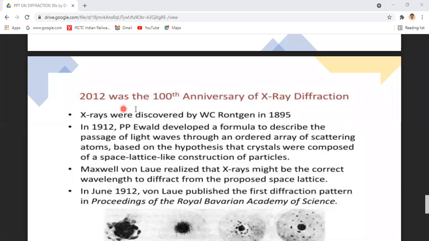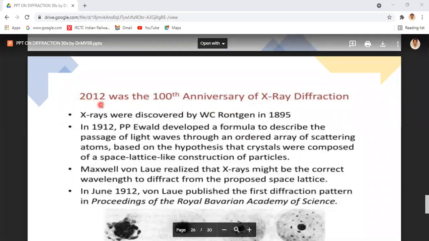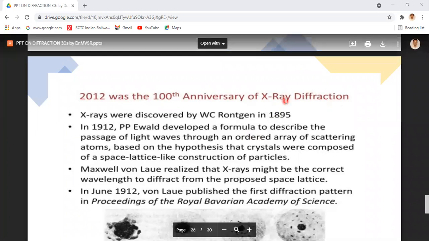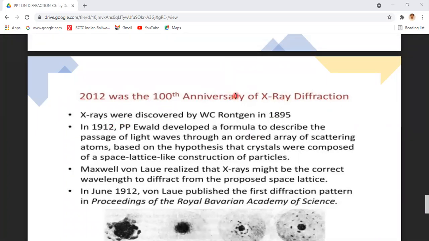Because in 2012, it was the 100th anniversary of X-ray diffraction. X-rays are part of the electromagnetic spectrum, as we know: X-rays, gamma rays, cosmic rays. All these are different regions in the electromagnetic spectrum. Already we know about the different regions in the electromagnetic spectrum. If we recall the previous knowledge, we start from radio waves to cosmic rays.